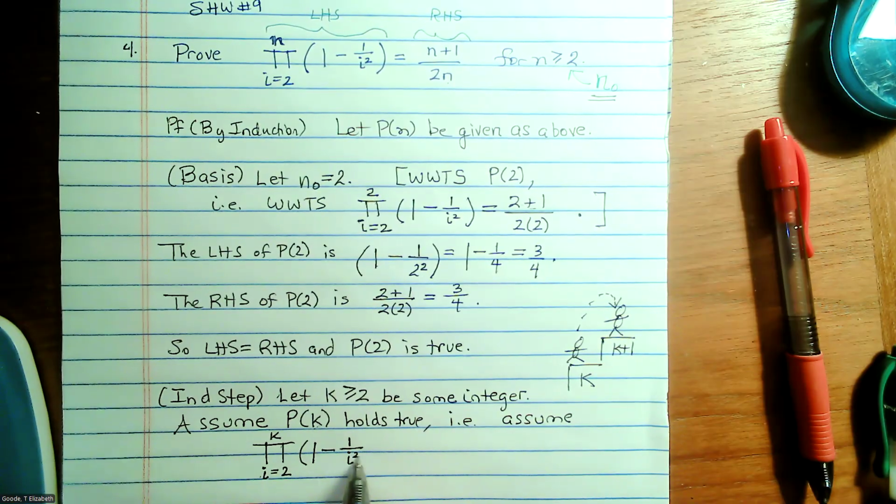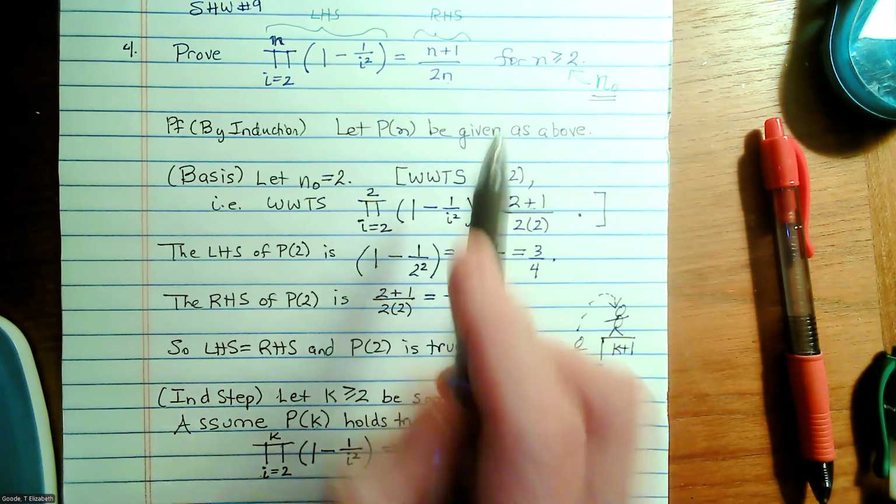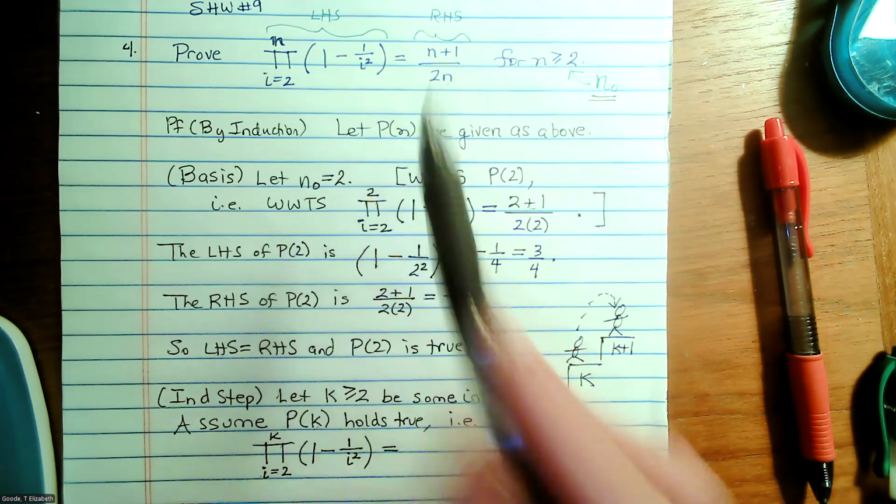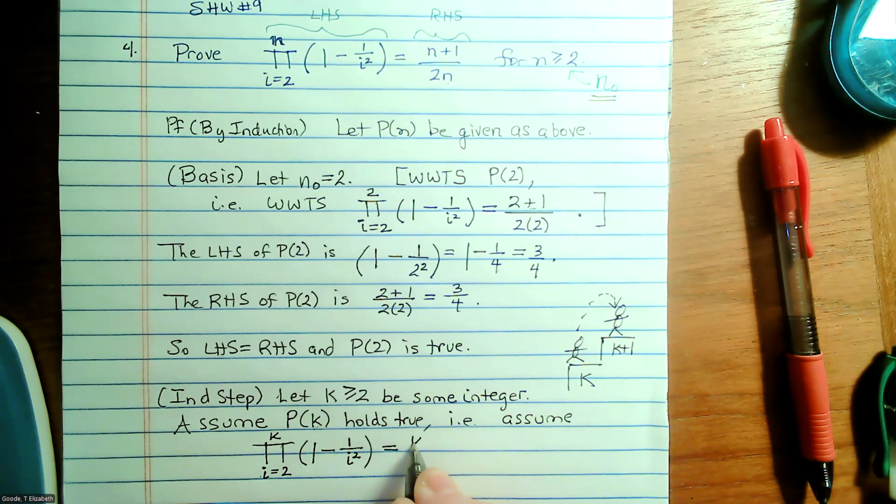Oh, still going to be I squared. While the expression for the term is inside either the product or the sum, we keep the I. Okay, that makes sense. And we're going to assume that that is equal to what? We're substituting every N for a K, so it'd be K plus 1 over 2K. Perfect. Very nice.